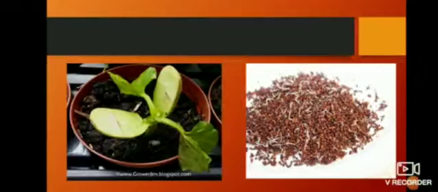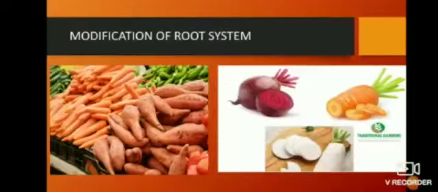These are two cotyledons. Here in finger millet only single cotyledon. Now we go for function of roots. Some roots store food in some plants like carrot, sweet potato, beetroot, radish, like that.